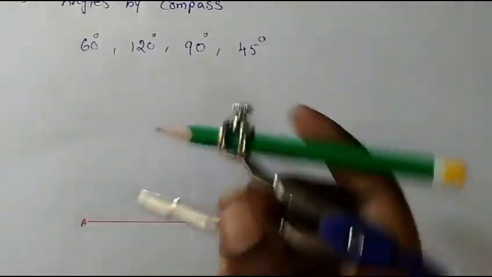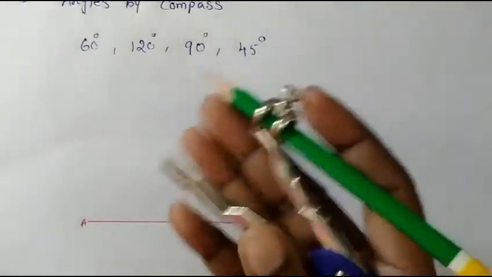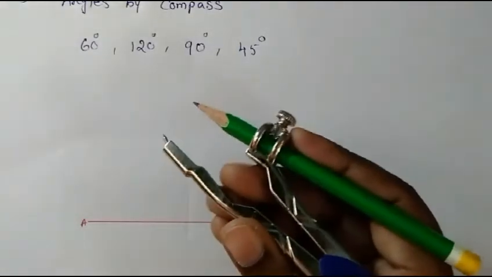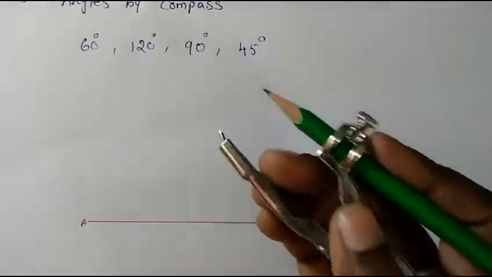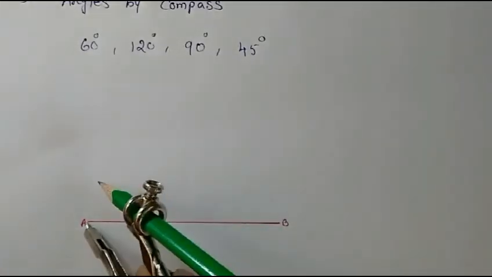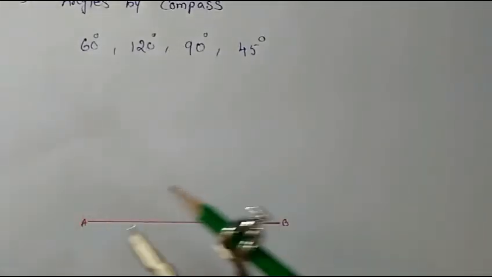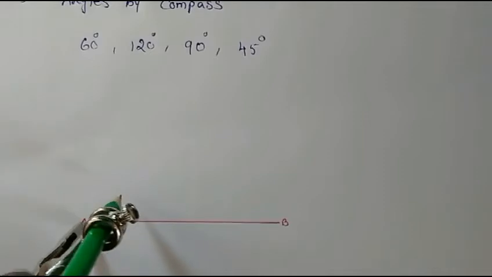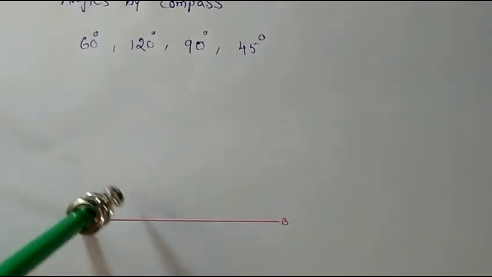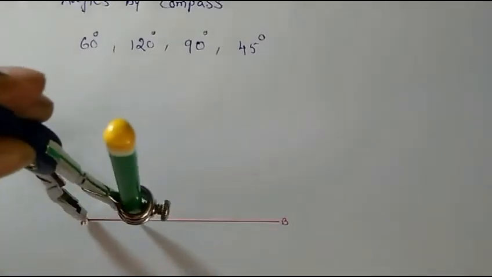So take your compass and just randomly open it. How much you want to open? See, it's up to you. Just randomly open it and keep this point on point A and you can draw a semicircle.